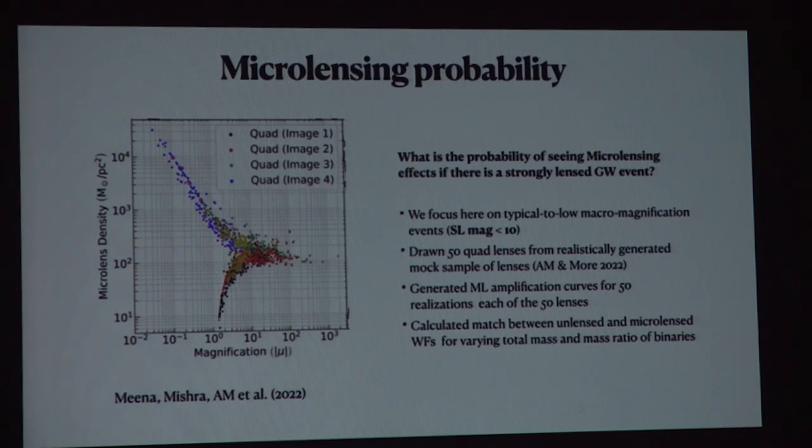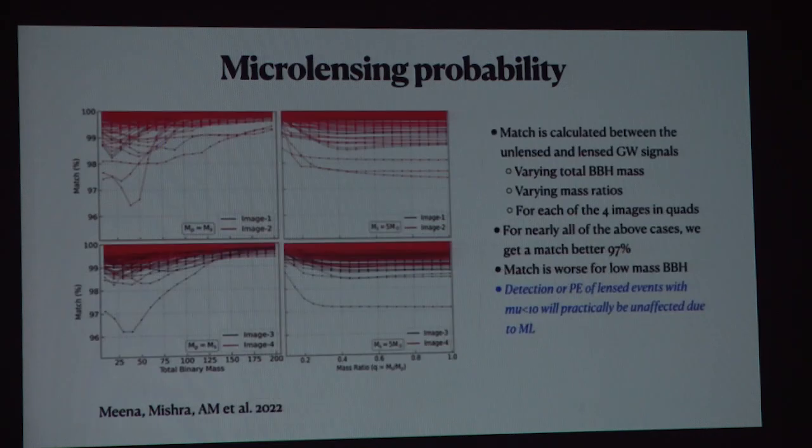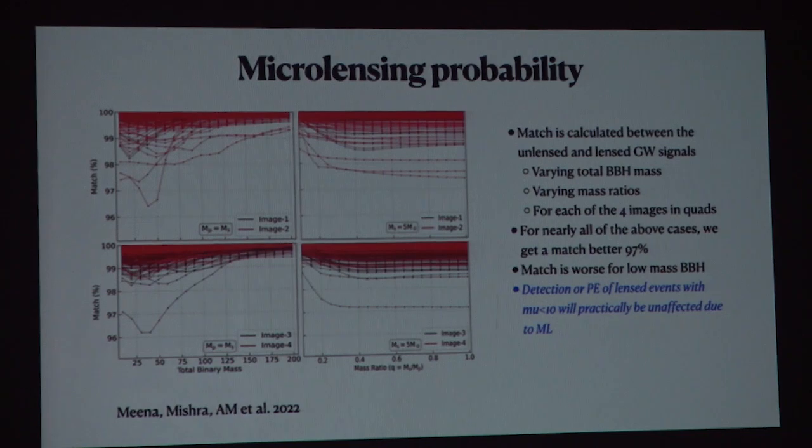We generated lots of mock realizations of these microlensing effects that we expect to see, and we look at the match between a microlensed signal and an unlensed signal as a function of the total mass of the binary, the mass ratio of the binary, and so on.